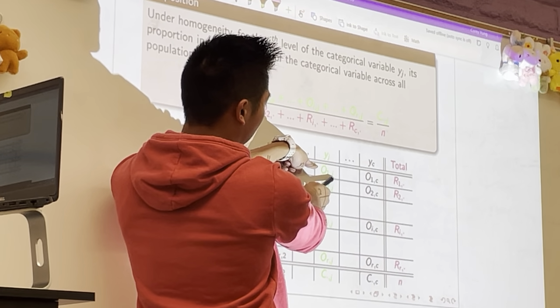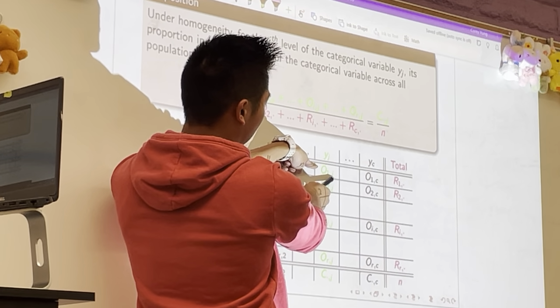And then when I add up all the O's in green, well, isn't that just the column sum of the jth column, which is right there? And then when I add up all the row sums, that's just going to give me n. So it's just this ratio right here. All the elements in the jth level divided by the total. So that's this p hat comma j.